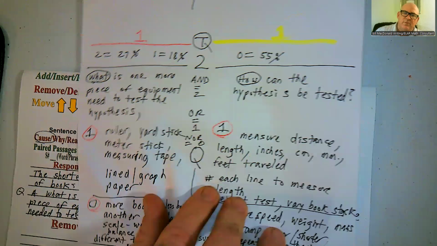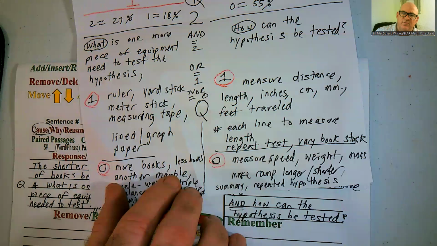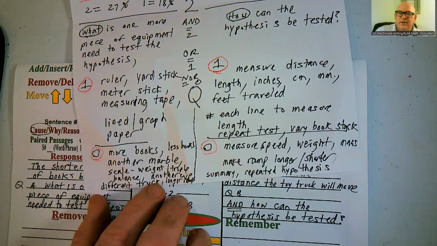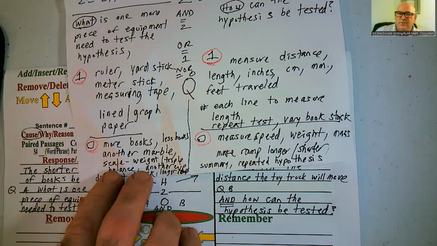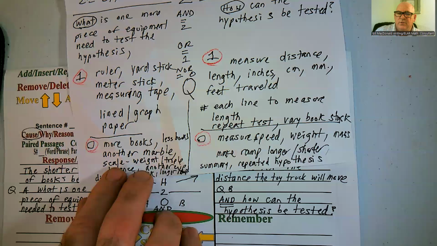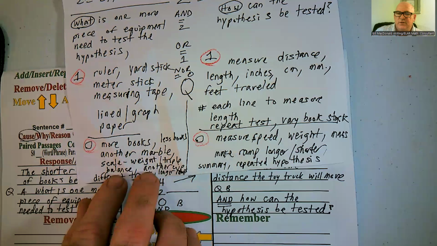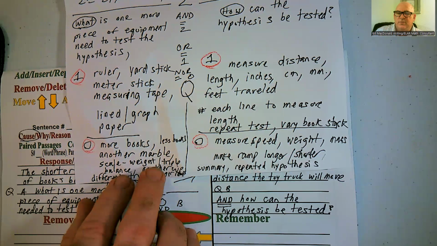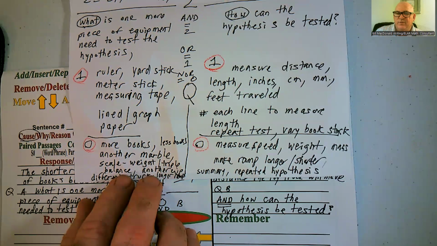Well, you can't remove marbles because it has to be something to make the truck move. Okay. Another one. Somebody said a scale. Well, a scale or a triple balance is either going to measure weight or it's going to measure mass. Okay. That wouldn't be a tool to measure the length that something travels.